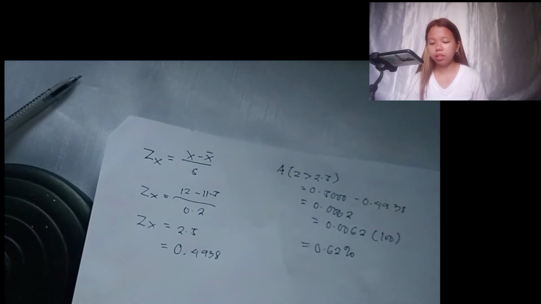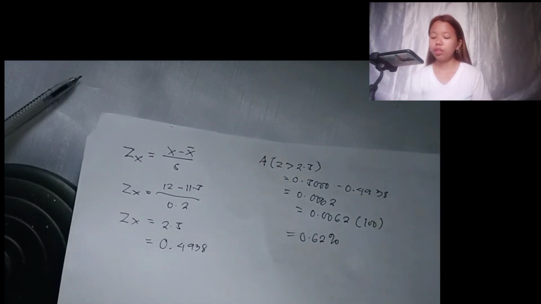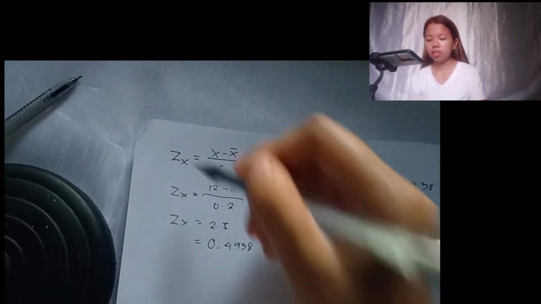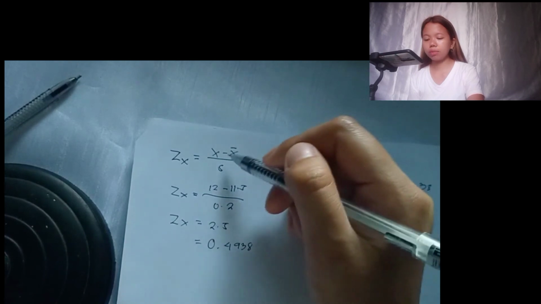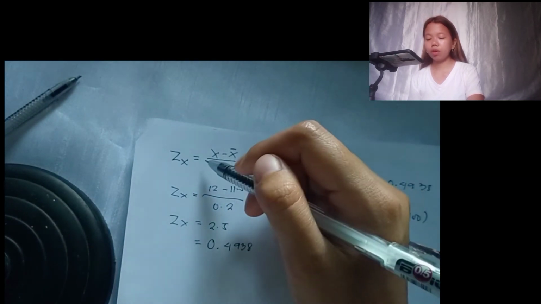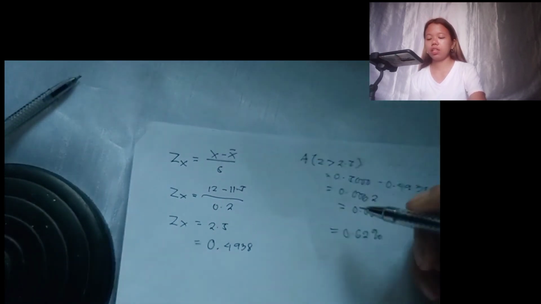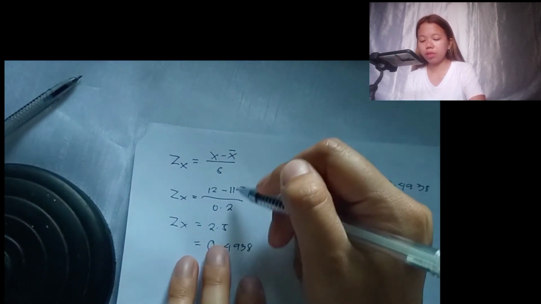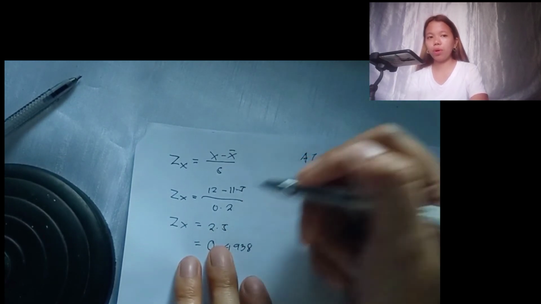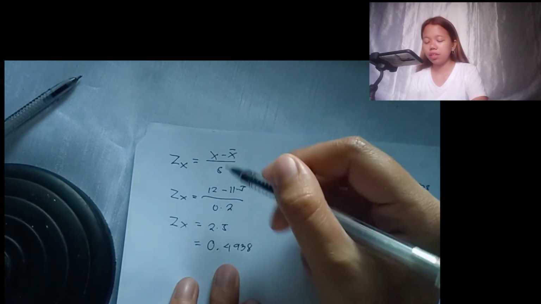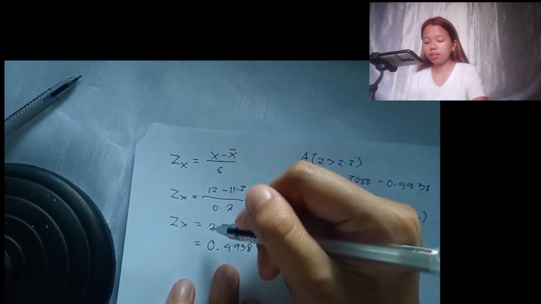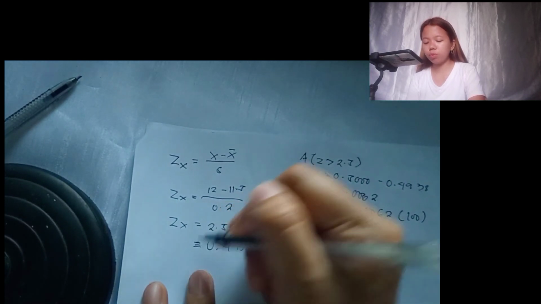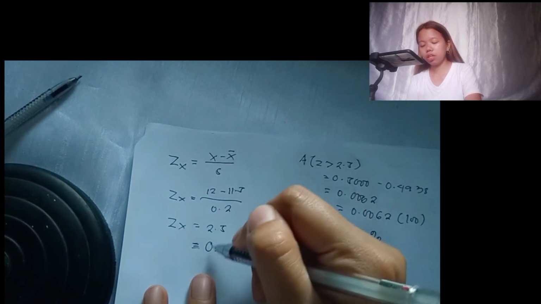So the formula is z sub x is equal to x minus mean over s. So this will become 12, based on the given, minus 11.5 over 0.2, and the answer for that is 2.5.